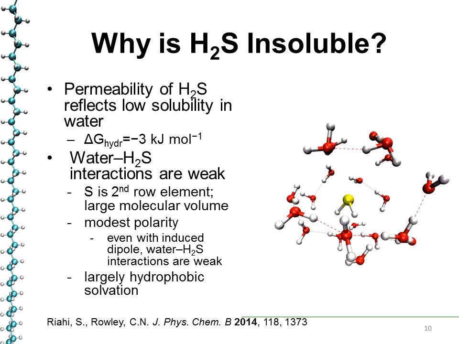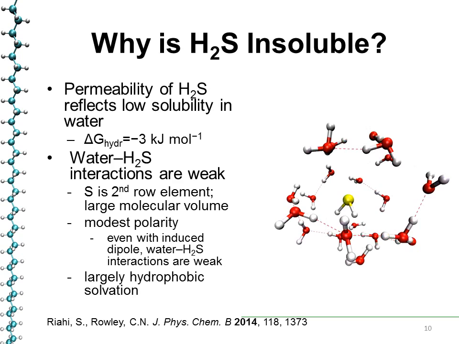We can understand this by noting that sulfur is a second row element, so it has a large atomic volume, and it has a relatively modest polarity. So the polarity of the sulfur-hydrogen bonds is small relative to that of water, and so it cannot form particularly strong hydrogen bonds with water, and the water surrounding hydrogen sulfide would tend to hydrogen bond with each other instead.